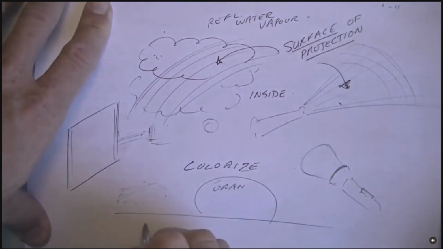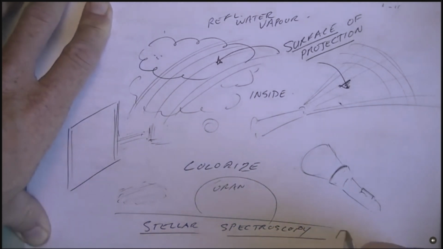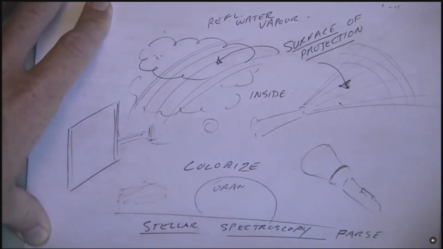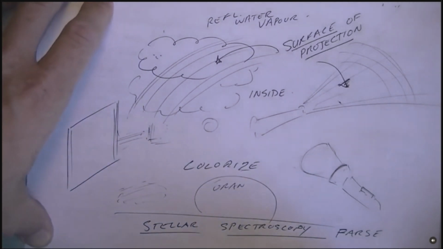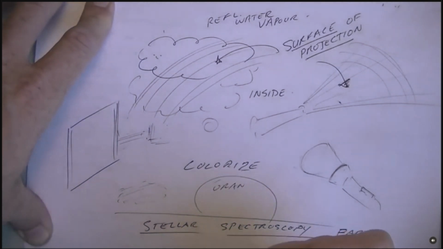Now I can understand stellar spectroscopy. It's a farce. Scientists will tell you that they can identify what stars are made of and what distance they are going, or what direction they are going, based upon their color shift.